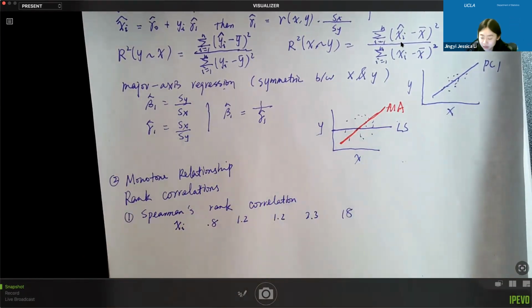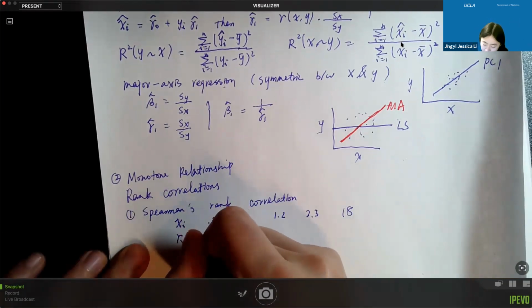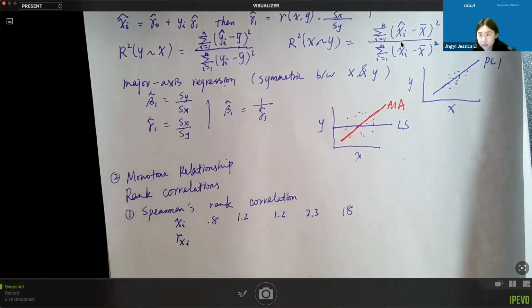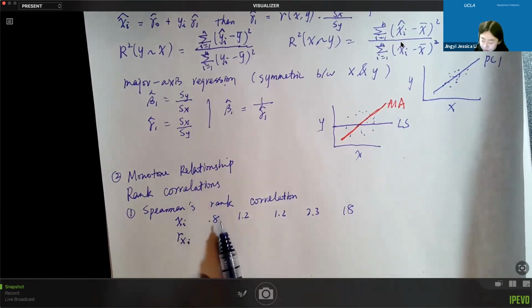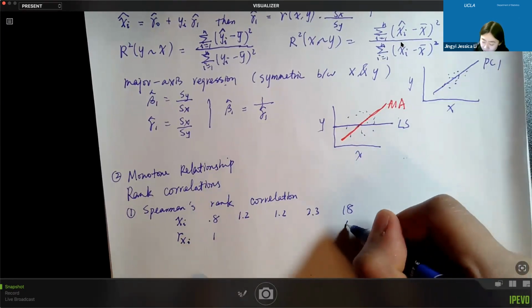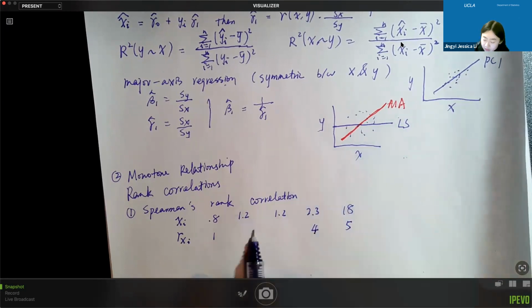It's an outlier. And if you convert it into rank, let's say Rxi, we go from the smallest to the largest. So how many do we have? 1, 2, 3, 4, 5. The minimum is going to get a rank of 1. The largest is going to get a rank of 5. This is 4, right? But there is a tie.